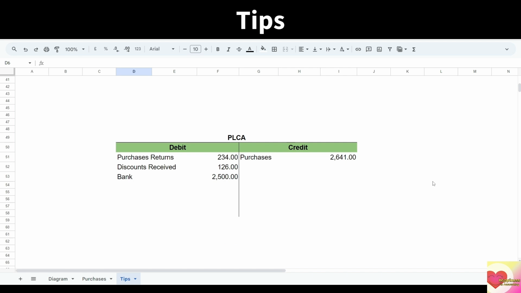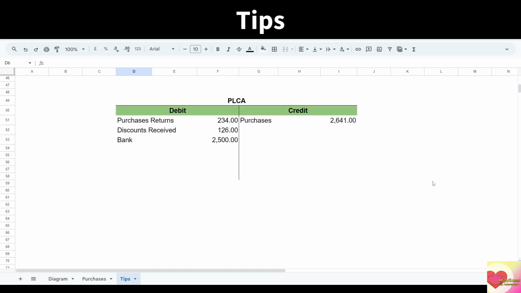Another tip is about PLCA, or Purchases Ledger Control Account. Let's take a look at the PLCA in the general ledger. PLCA is a liability, so the credit entry increases the PLCA. The only time it increases is because of the purchases.